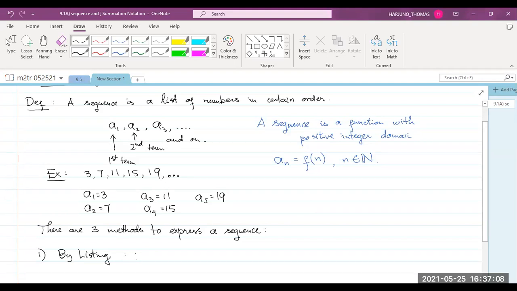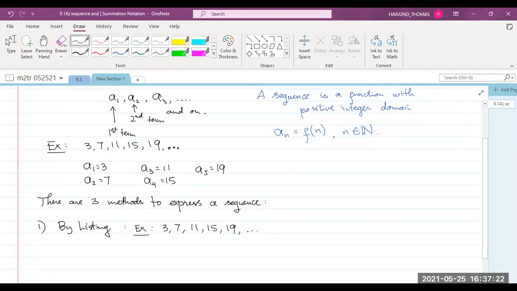For example, that's 3, 7, 11, 15, 19, and on. The second method is by formula or function.